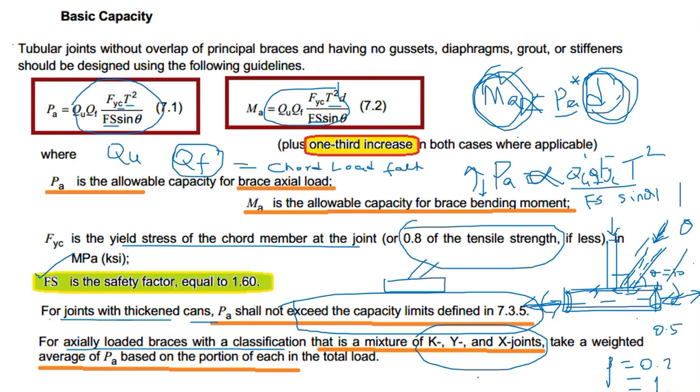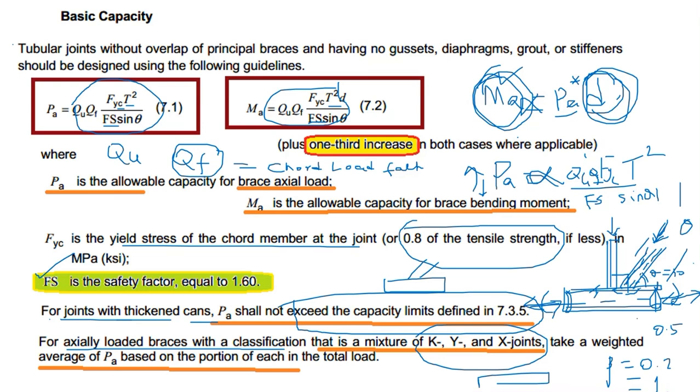That means if we have the same joint, this is a Y joint, but this is a T joint, so based on the axial load it can be 50% Y joint, 50% T joint.